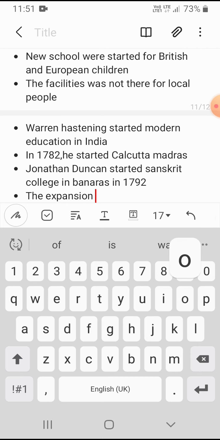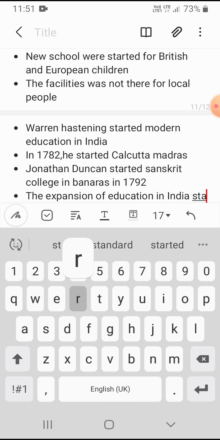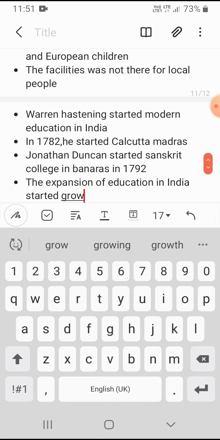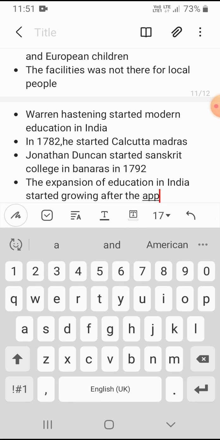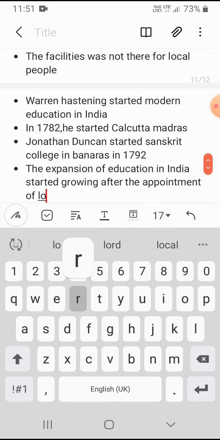The expansion of education in India started growing after the appointment of Lord William Bentinck.